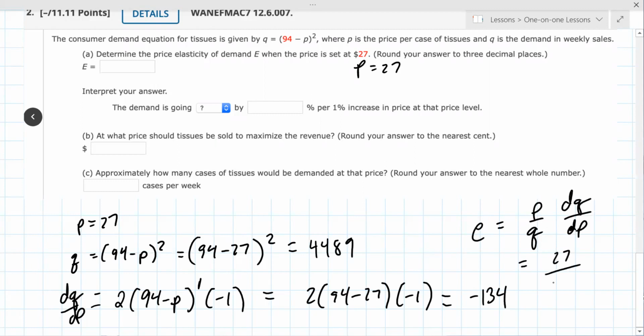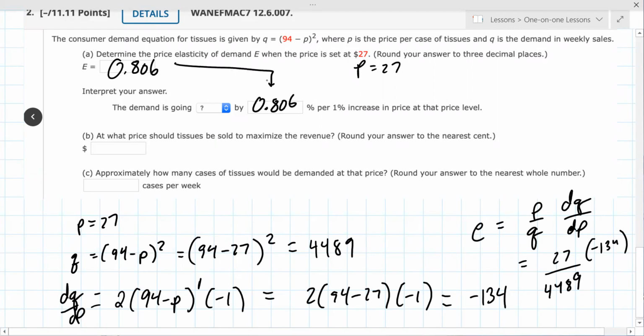That's 27 over 4489 times minus 134. And again, my formula always has a negative in front. I don't know. We were right on the first answer in the last one, so I'm not sure what to suggest there. E is minus P over Q times dQ/dP. So I get 0.806. And these numbers always match.